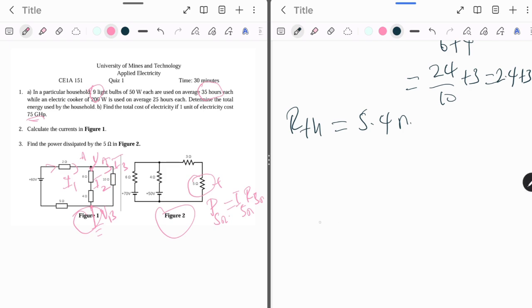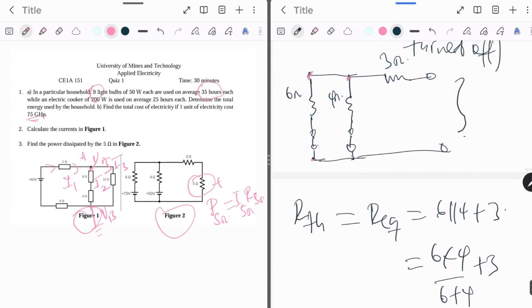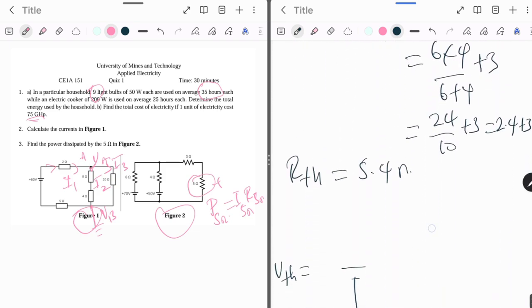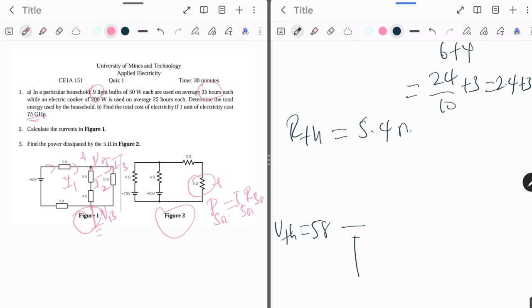So I now have my VTH, which I got to be equal to 58 volts, and I have my RTH to be equal to 5.4 ohms. So this is our equivalent circuit.